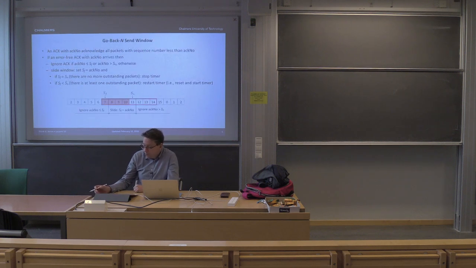So let's talk about the send window here. This is the innovation. This is what changes from stop and wait, the send window. We have an acknowledgement, and in the acknowledgement we have an acknowledgement number. Let's call that ACNO.